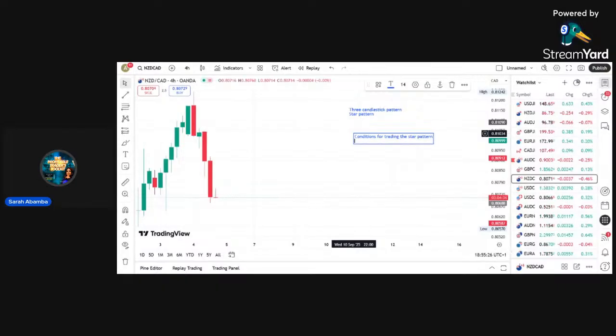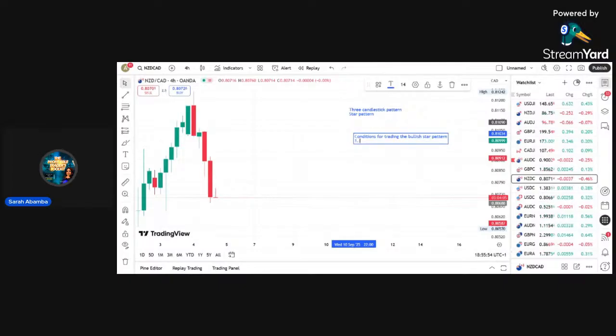Like every other candlestick pattern, it is bullish and bearish. So let me start with the bullish star pattern. Conditions for trading the bullish star pattern. First of all, since it's a three candlestick pattern, that means there are three candlesticks that are formed together.